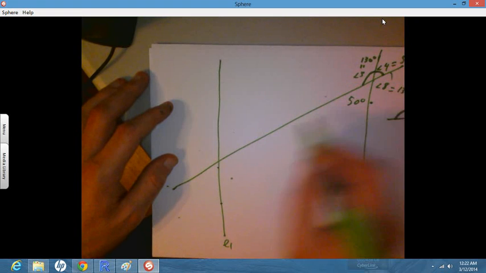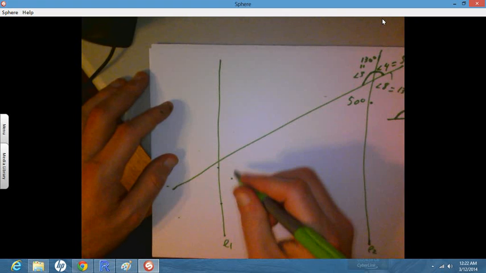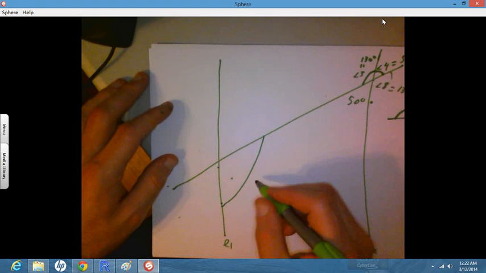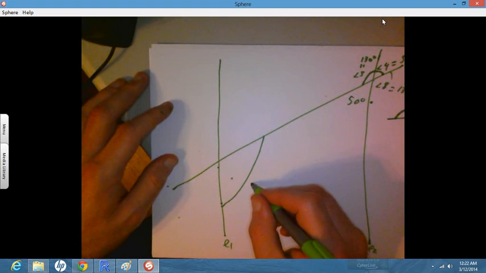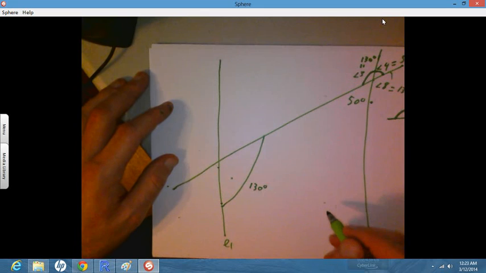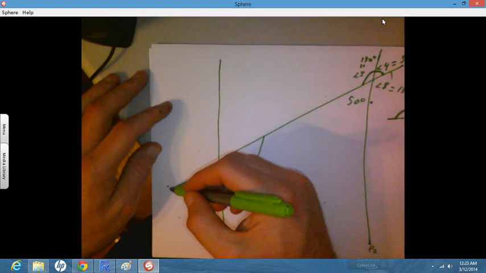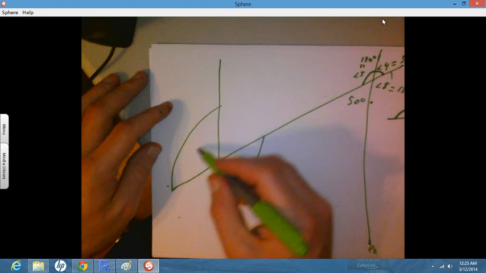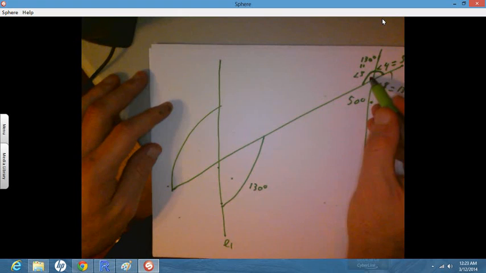So this angle here, I'll draw it out a little bit further, is 130 degrees. And this angle here is just a copy of this angle here, and it's vertical with that, so this is 130 degrees.